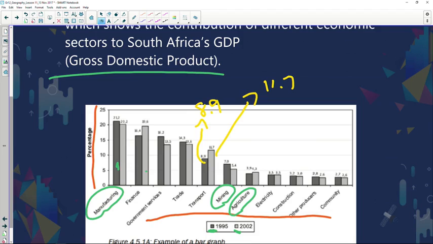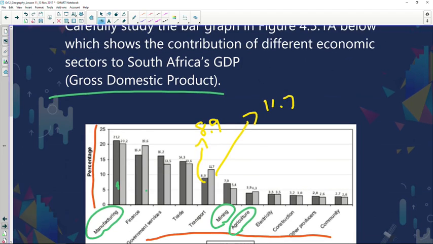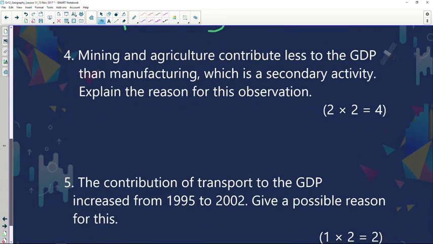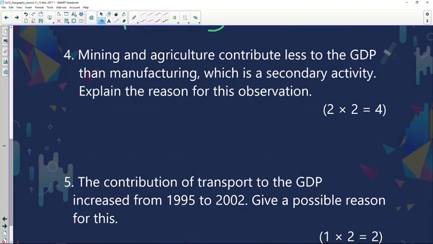Now the reason why, and let's just quickly go back to the question, the contribution of transport to the GDP increased from 1995 to 2002. Give a possible reason for your answer. Basically because the government spent more money on transport routes and infrastructure.